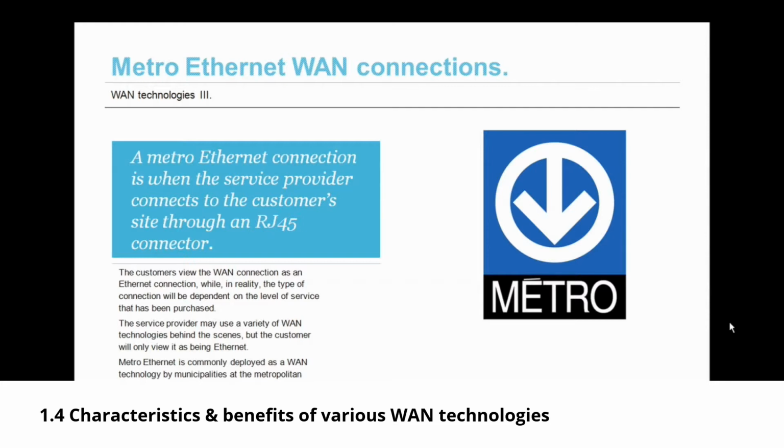The service provider may also use a variety of different wide area network technologies behind the scenes, but the customer will always view it as being an Ethernet connection. MetroEthernet is commonly deployed as a wide area network technology by municipalities at the metropolitan area network or MAN level, as in at the municipal level.